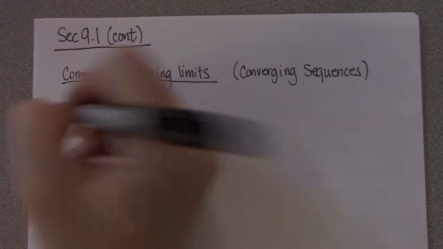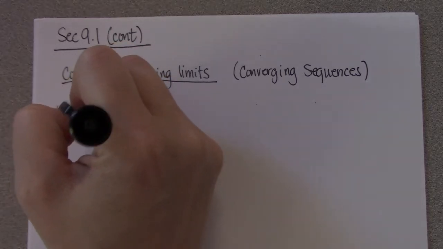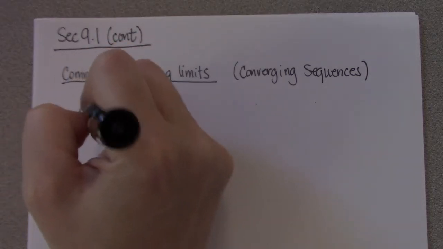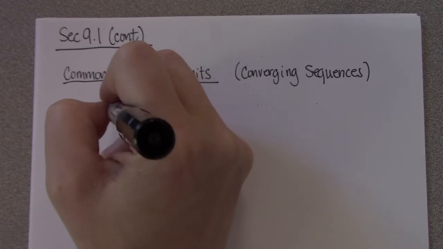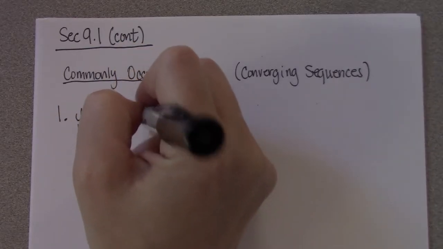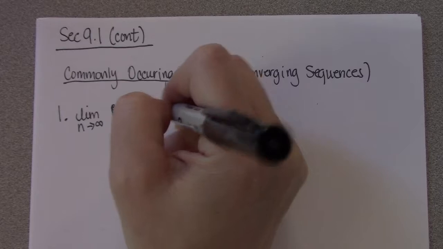So the first one is that the limit as n goes to infinity of the natural log of n over n equals 0.